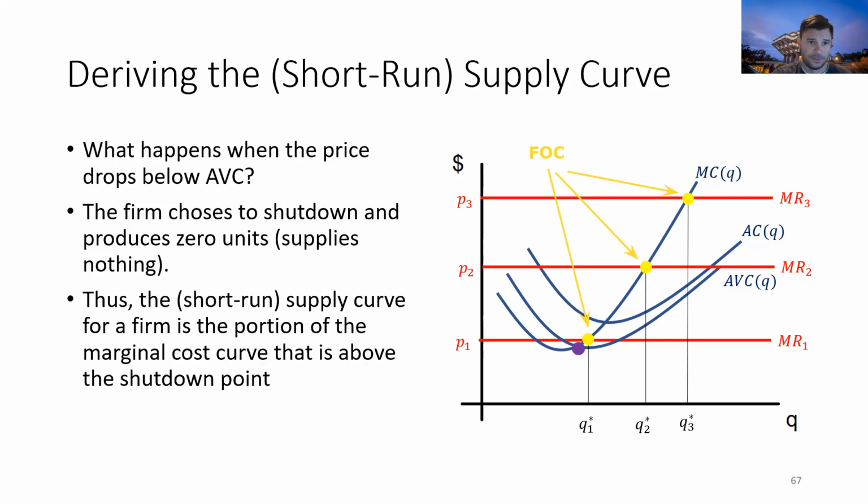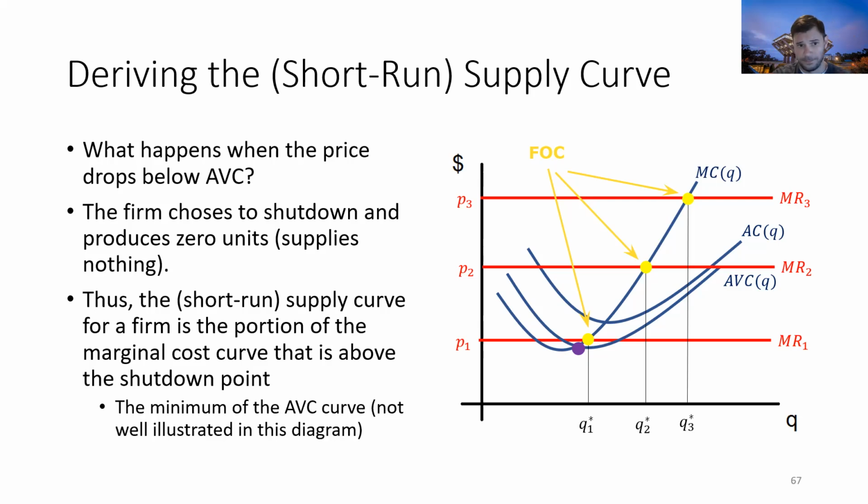So here's what happens. The short run supply curve of the firm is, in part, the marginal cost curve that is above the shutdown point. However, if the price drops below the minimum of the AVC curve, below that shutdown point, then we argued you're not going to be producing anything, which means the supply curve looks like it's along the marginal cost curve until we get to that purple point, and then it jumps over to the vertical axis.